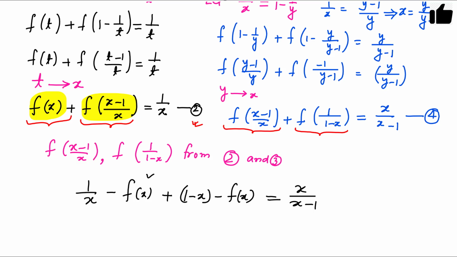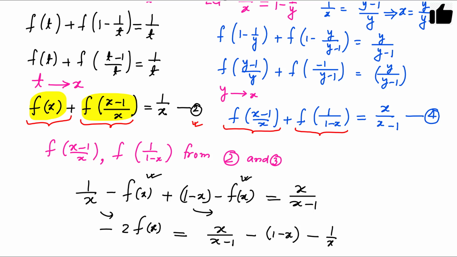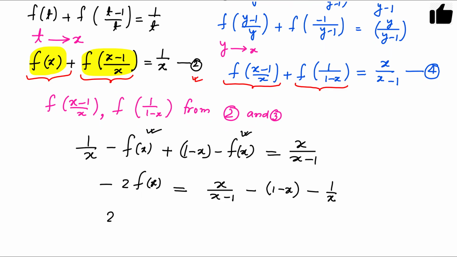So you will have, this is fx, this is fx. So minus 2fx. And let us put all this to the right hand side. So this will be x by x minus 1 minus 1 minus x, and this is minus 1 by x. And if you multiply with the negative sign, you will have 2fx is equal to minus x divided by x minus 1, and this will be plus 1 minus x, and this will be plus 1 by x.